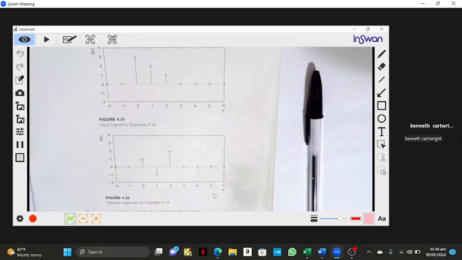Our input is X, that's the one at the top. We're not given the difference equation. Instead, we're given the impulse response.